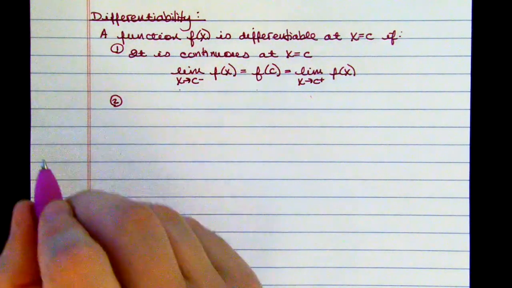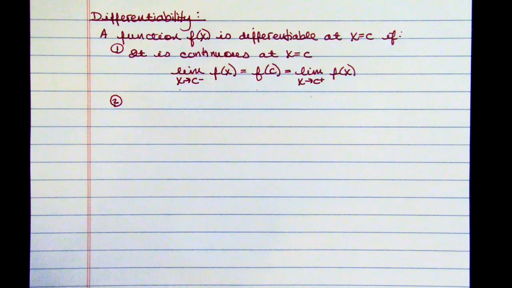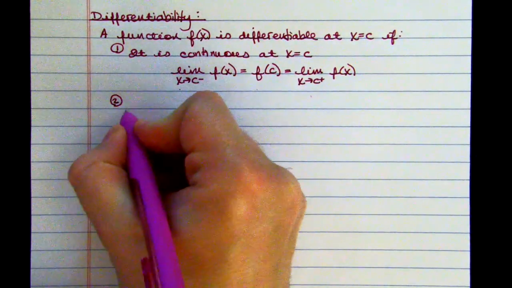But then we have to make sure there aren't any sharp turns, aren't any vertical tangents. Our derivative must also be continuous at x equals c.